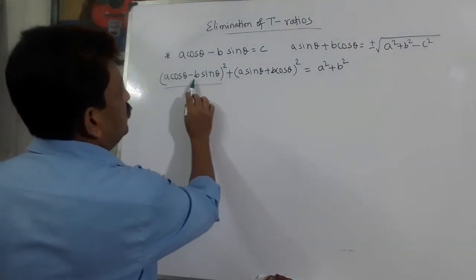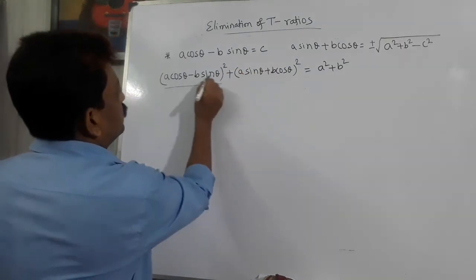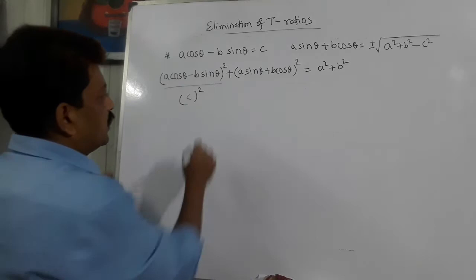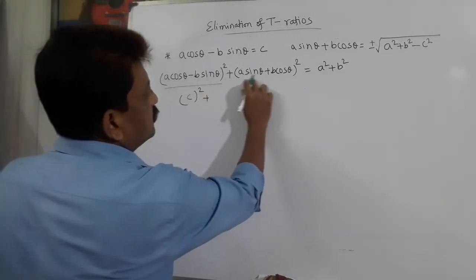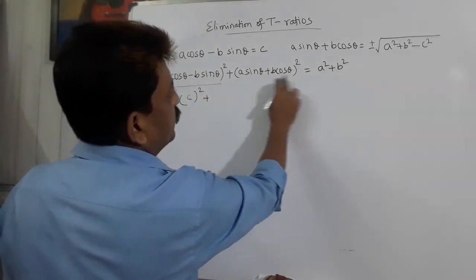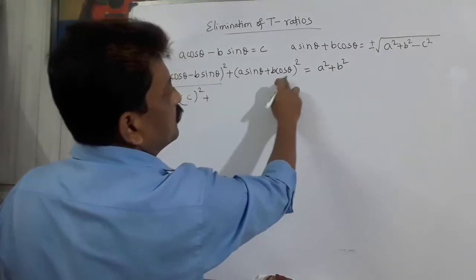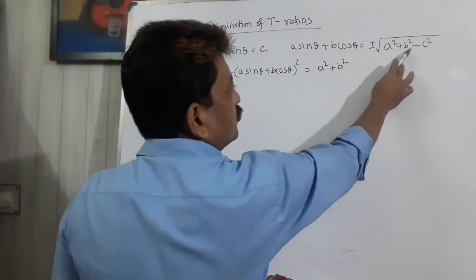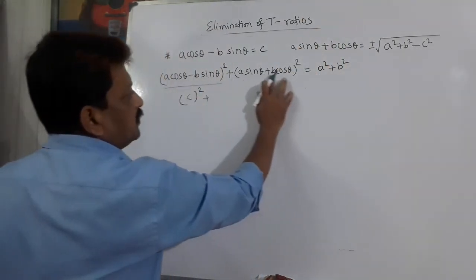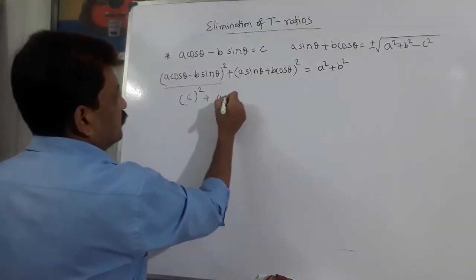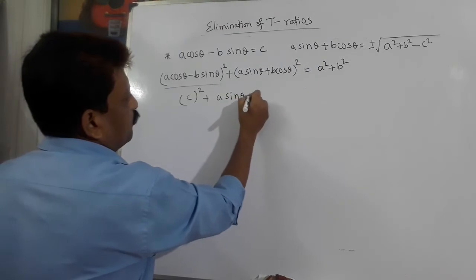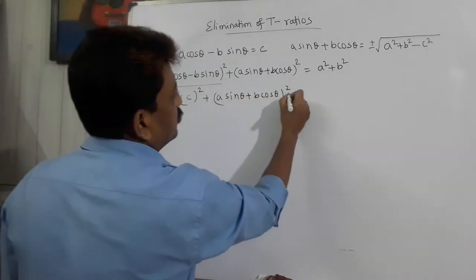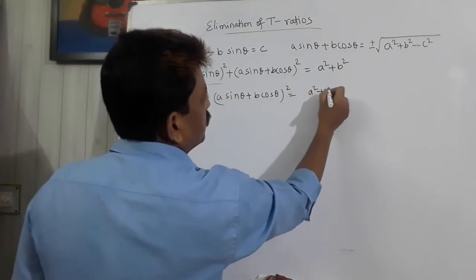This is C. So in place of this bracket, I can write C. So it is C square plus this is the question part. We have to show that this equals plus minus root over A square plus B square minus C square. So I am keeping this as it is. No change here. (A sin theta plus B cos theta) whole square equals A square plus B square.